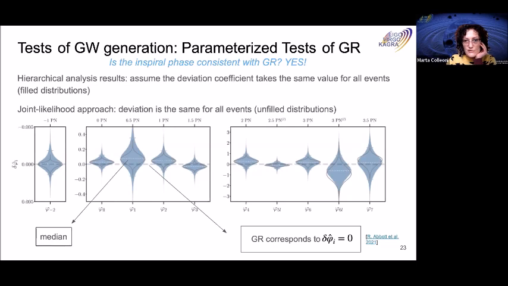So this is a less restrictive hypothesis than the earlier one. We show the posteriors obtained with this method in blue, whereas the ones obtained with the joint likelihood approach are shown as unfilled curves. For the first method, we also show the median as a dashed line and the 90% credible interval with horizontal ticks. And again, we see consistency with the GR prediction, as all posteriors have support for the GR value, which is 0.